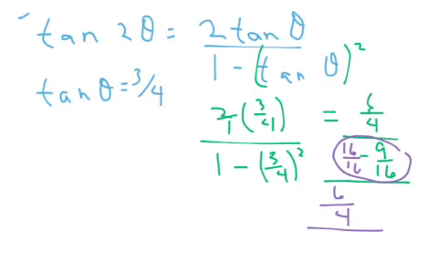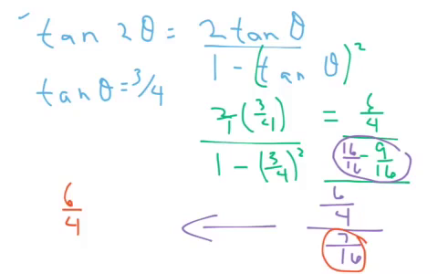So that's just going to be 7/16. Now I'm going to come this way and write this as 6/4, and I'm going to flip this and switch the signs, change it to times.